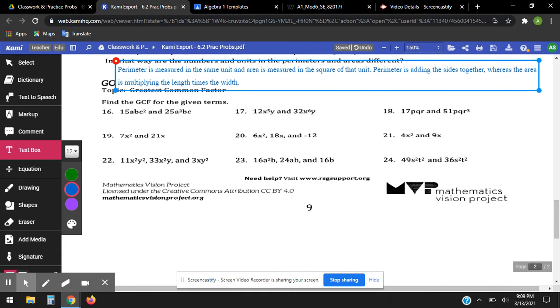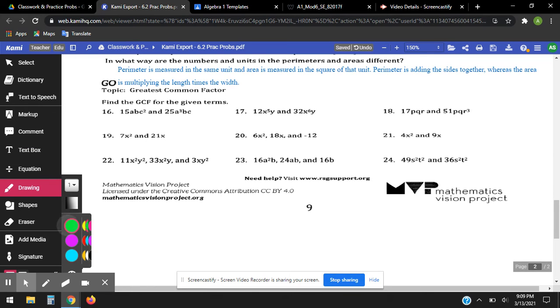All right, find the greatest common factor of the given terms. In doing greatest common factor, I'm going to first look at 15 and 25. The biggest number that goes into both of them is 5. Now we look at the A's.